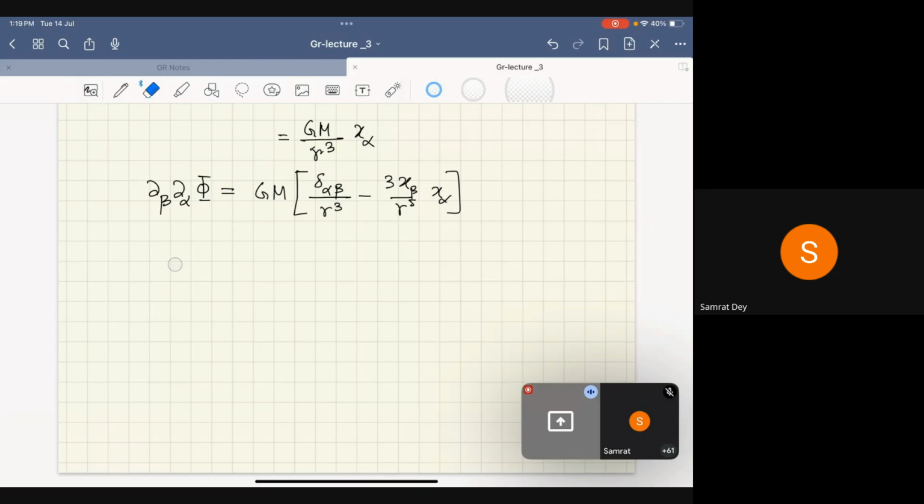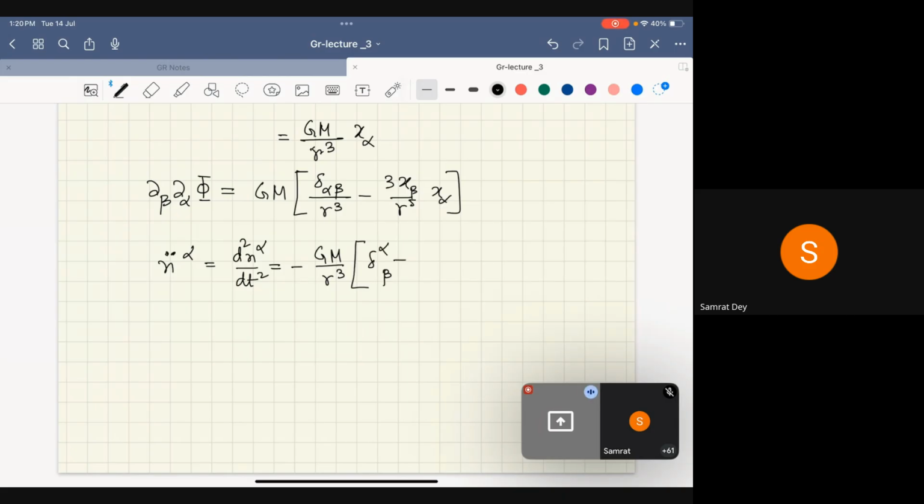So in principle, n double dot alpha, which is d2 n alpha by dt squared, is nothing but minus GM by r cube, delta alpha beta minus 3 r alpha r beta, n beta, and this r alpha is defined as x alpha by r.